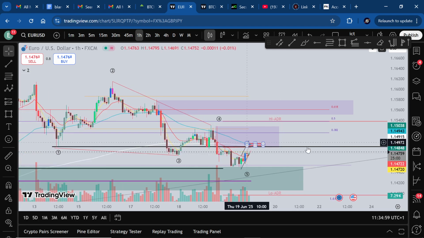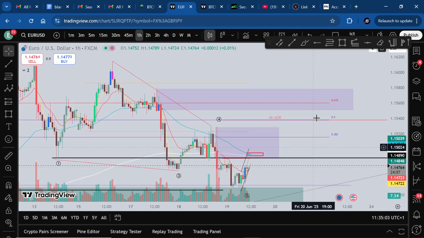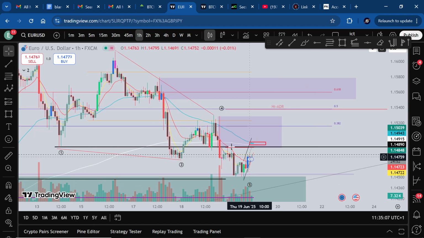I've got this little red box here. That little red box is my initial target. Oh, I'm in bias at the moment. This is my initial target. I'll be getting out there and observing price at that point. Okay. The 50 EMA on the 1 hour time frame is the main reason why I have this box here. Okay, so I can see it on every time frame.